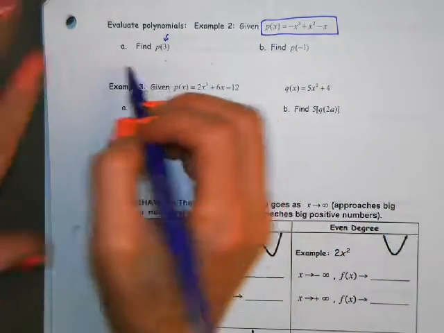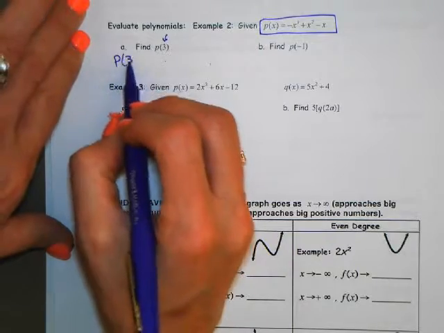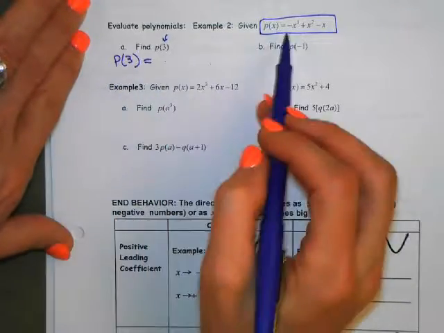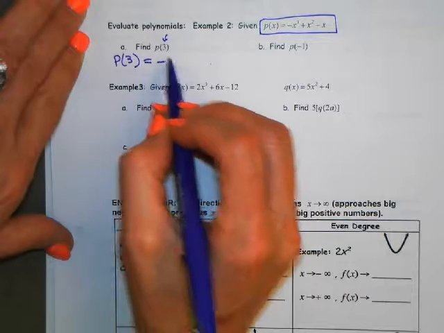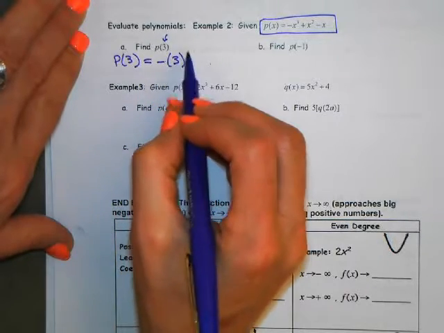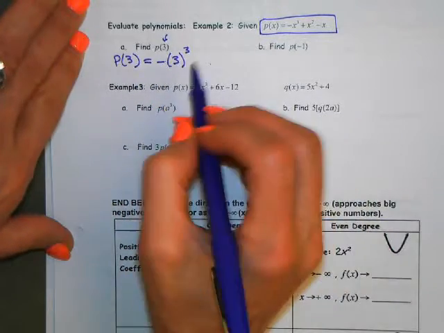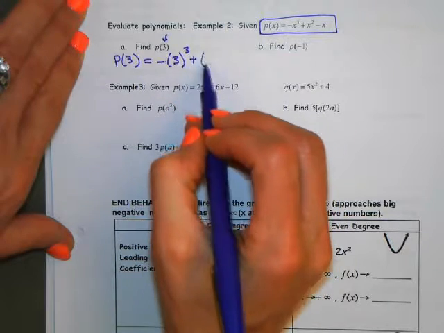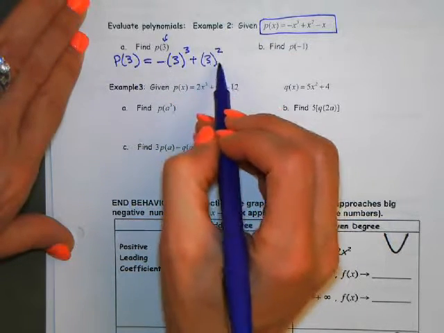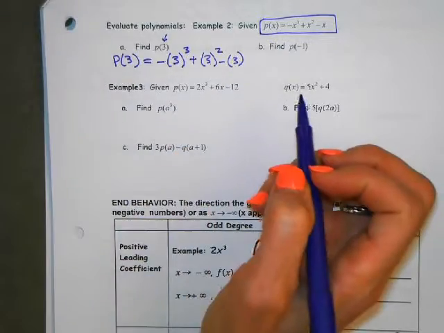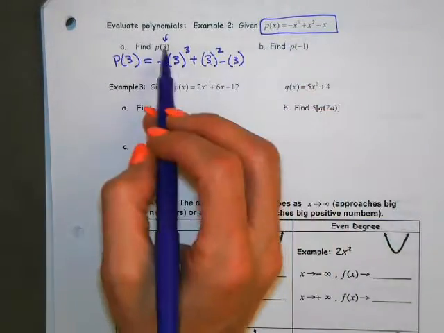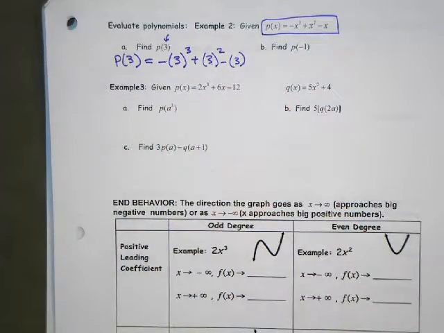Okay, so I'm going to do p of 3. And then I'm just going to take 3 and plug it in here. So I have minus 3 cubed plus 3 squared minus 3. So wherever I see x, I take that value and I plug it in.